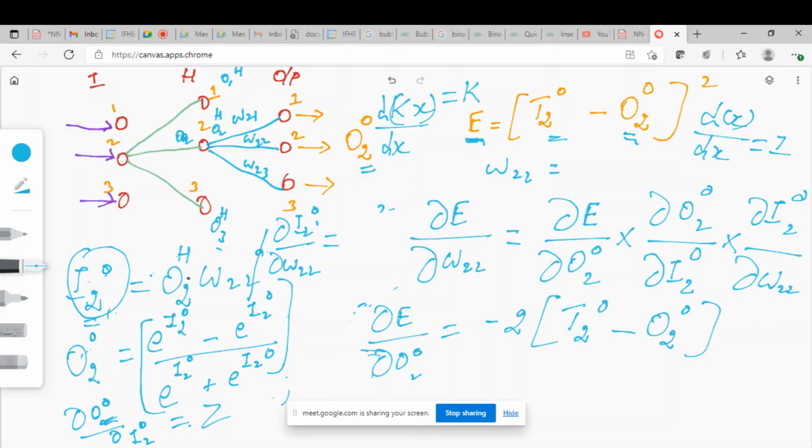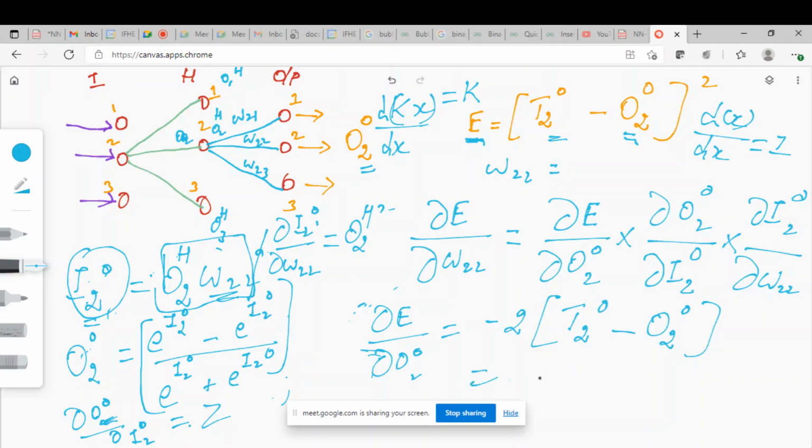So this is similar to the differentiation of I2O with respect to W22. Instead of x you have W22, and instead of K you have this, which you can treat as K. So the output will be O2H. These are the values we get. Now you can plug into this equation. What is dou E by dou W22?